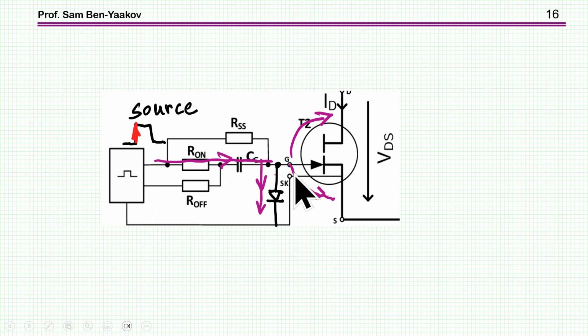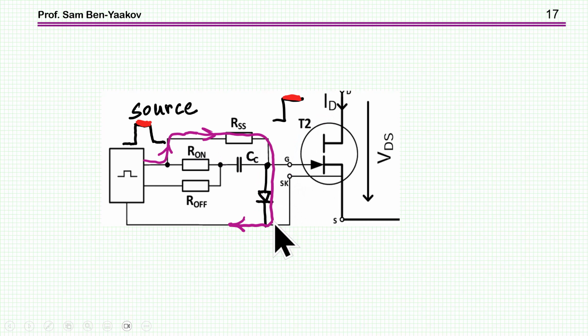Then we have the current going to the Miller capacitor through the gate to source capacitor. And of course, part of it also goes to the diode. Then we come to the steady state or the on time. And then we are providing the required current to the diode via this resistor, which is the current limiting resistor.